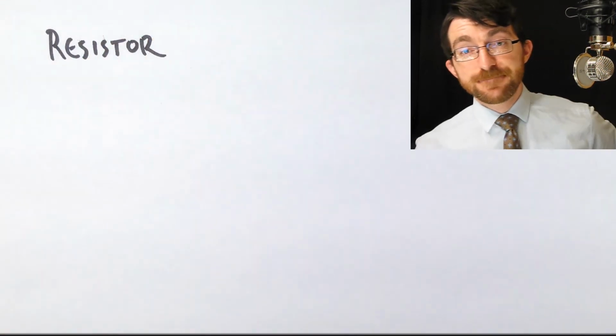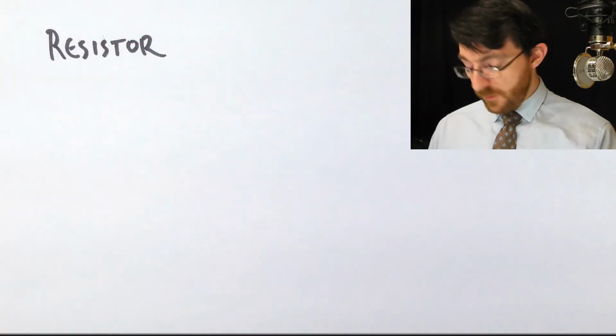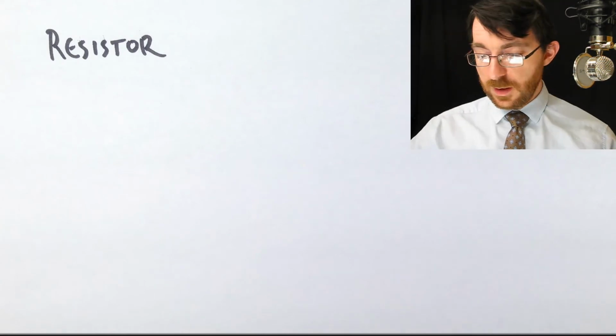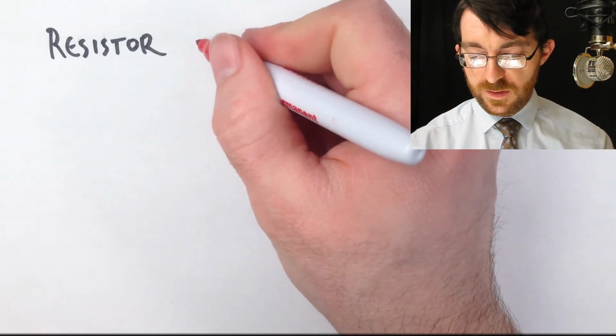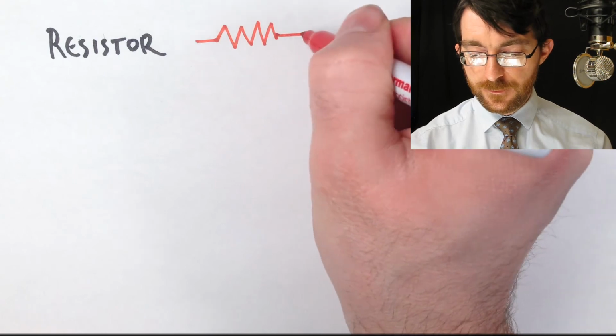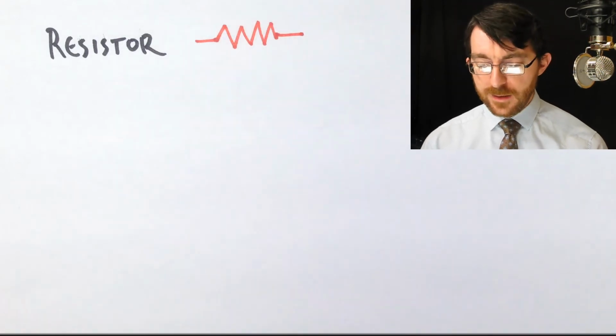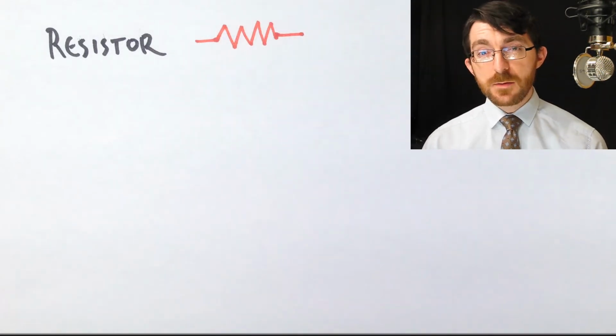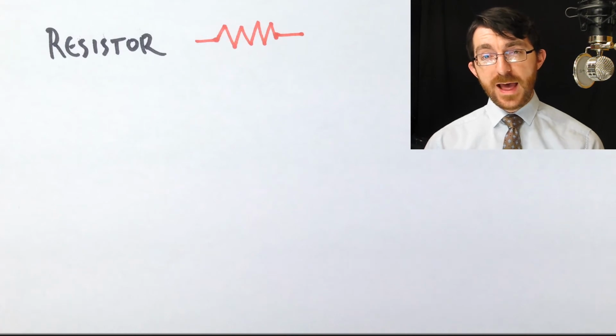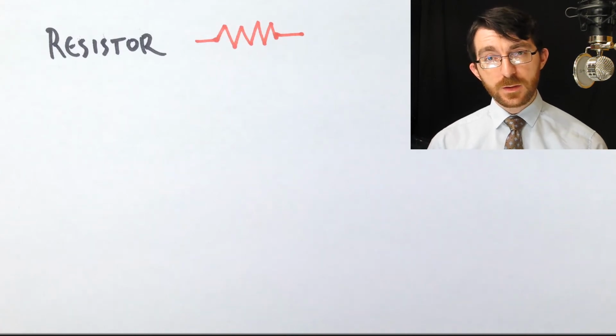A resistor. Now, a resistor is going to be symbolized with a zigzag. And a resistor is just something that costs energy for electricity to pass through.